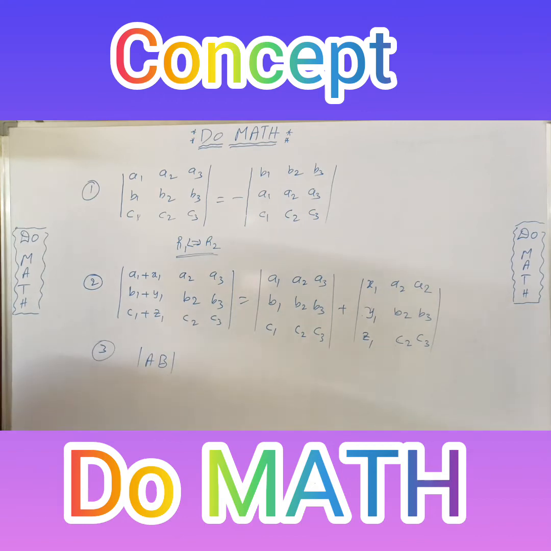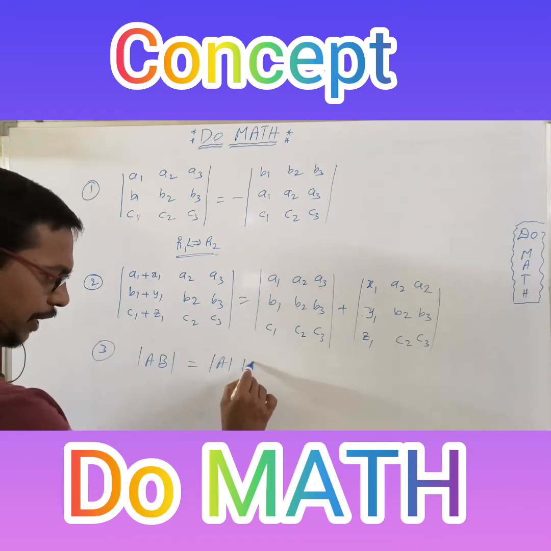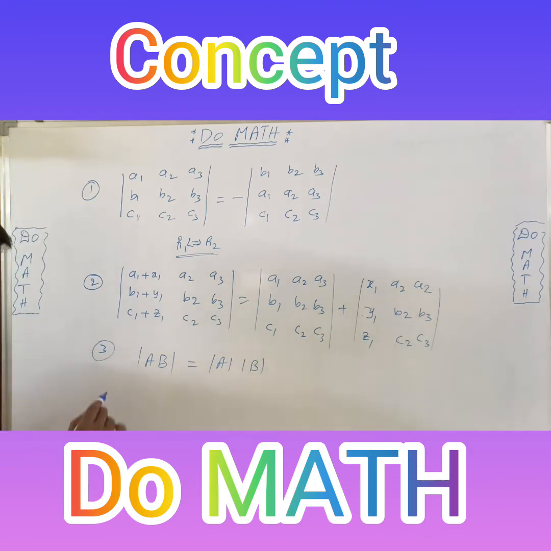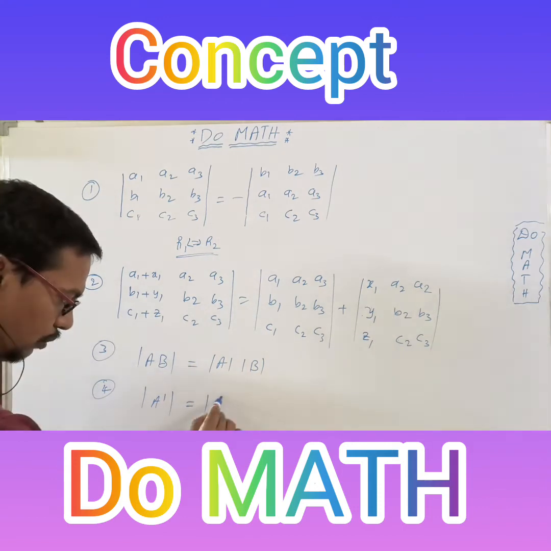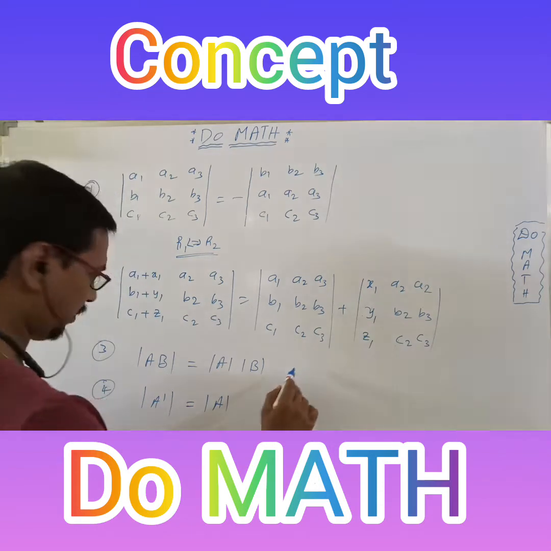Suppose there is a product of two matrices, determinant of AB. We can write it as det A into det B. And the transpose of the matrix: the determinant of the transpose of the matrix is equal to the determinant of the original matrix. This is another one.